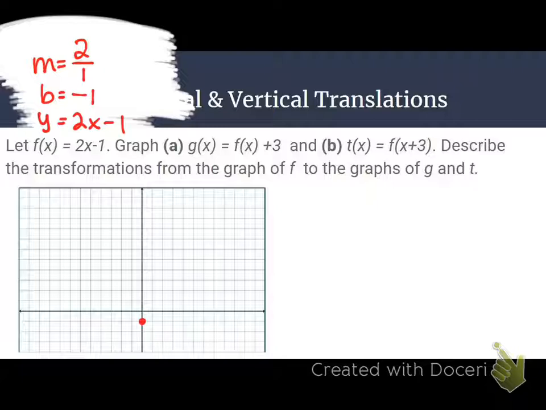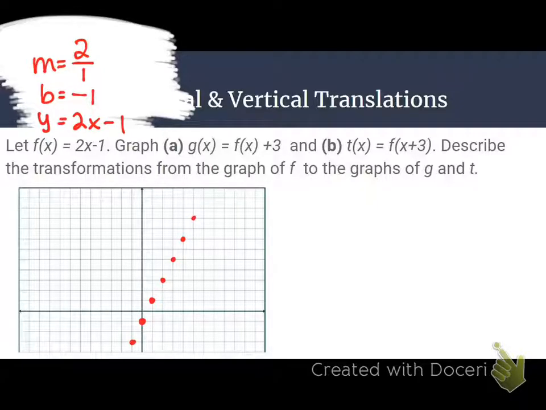We use my slope as rise over run, so I should go up 2, right 1. I can do that. I could do that a few times, or I could go down 2 and to the left 1. Either way, I should be able to get several points there.